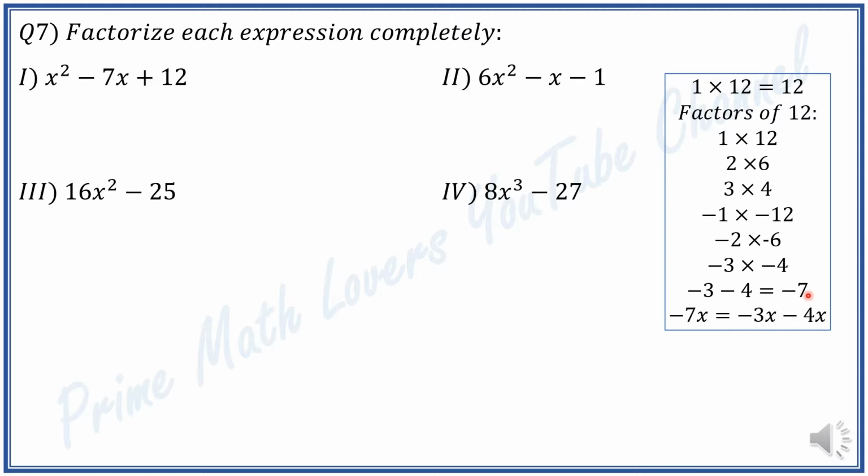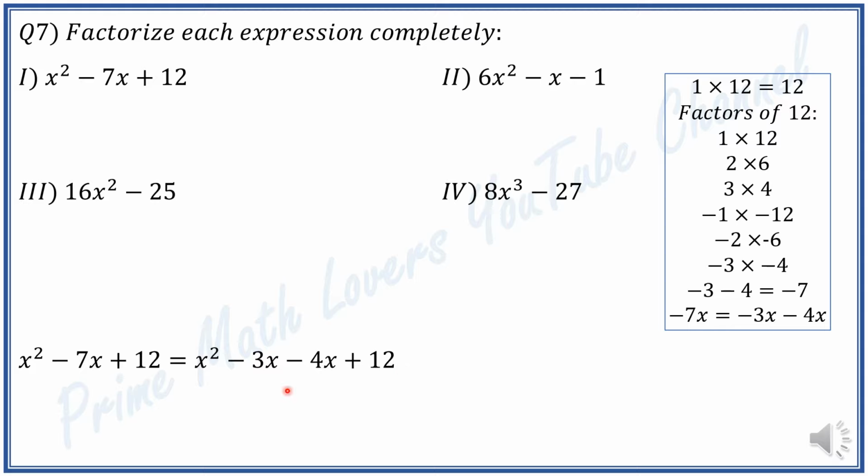So we rewrite the equation and replace this term, negative 7x, with minus 3x minus 4x. So we rewrite the expression. x squared minus 7x plus 12 is equal to x squared minus 3x minus 4x plus 12.